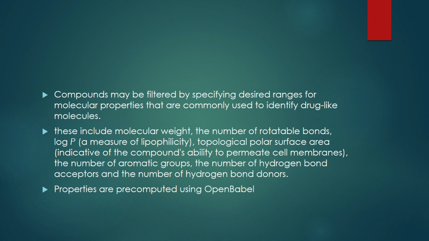Those include molecular weight, the number of rotatable bonds, logP value, topological polar surface area, the number of aromatic groups, the number of hydrogen bond acceptors, and the number of hydrogen bond donors. We can also filter our results using these filters. By applying these filters, we can apply a molecular weight requirement, the number of hydrogen bond acceptors and donors, and the lipophilicity. These properties are pre-computed by OpenBabel.